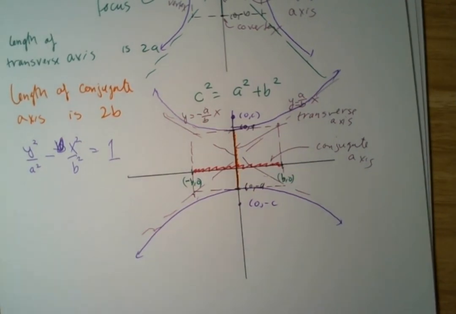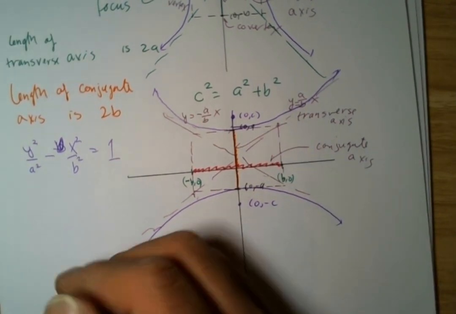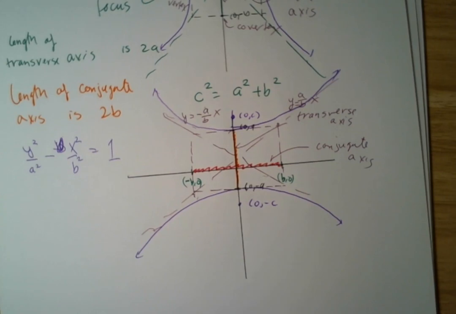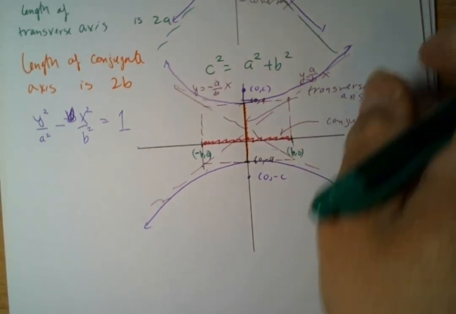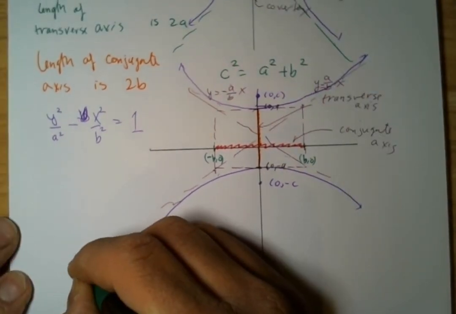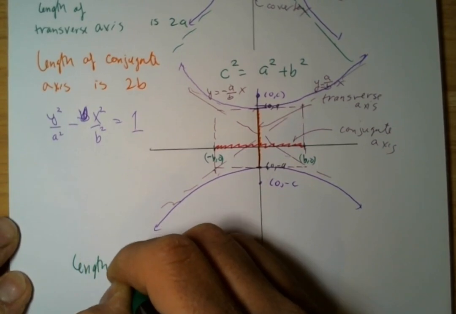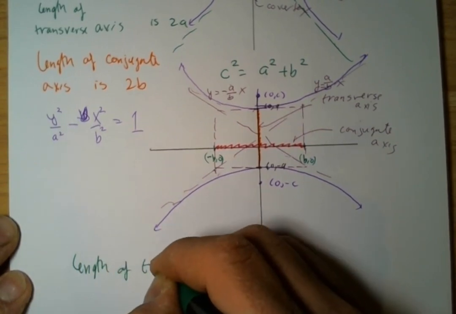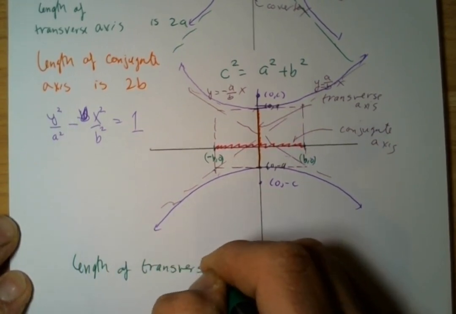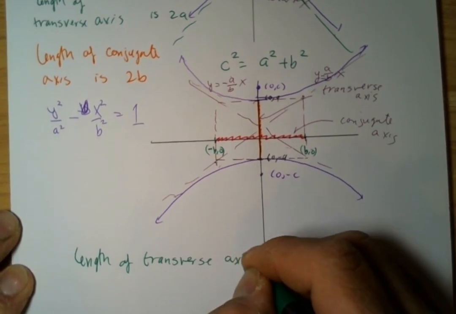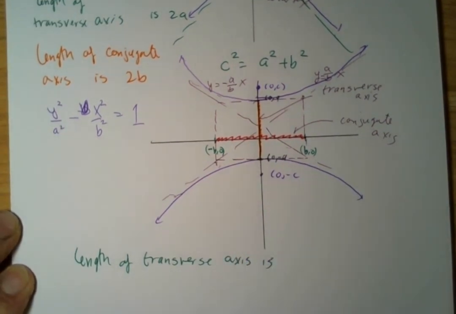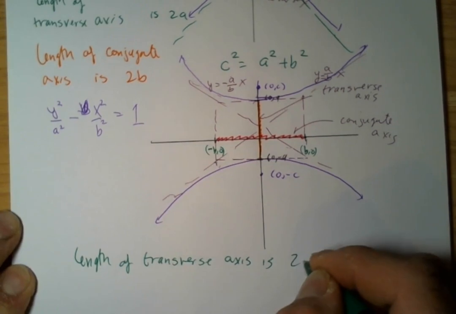And similar to before, all that relevant information remains the same. The length of the transverse axis is 2a.